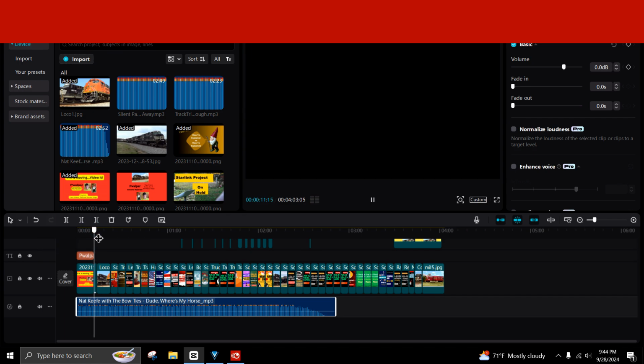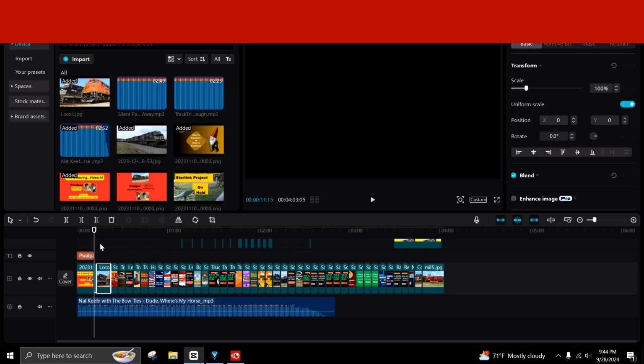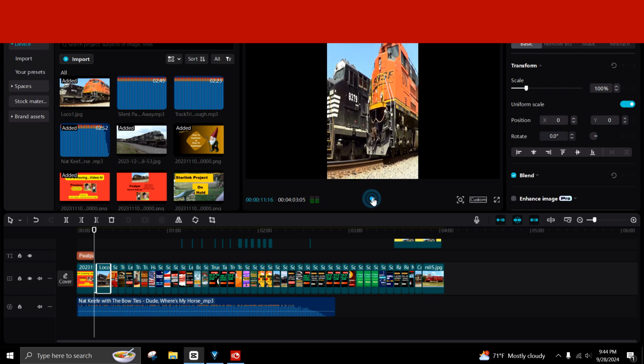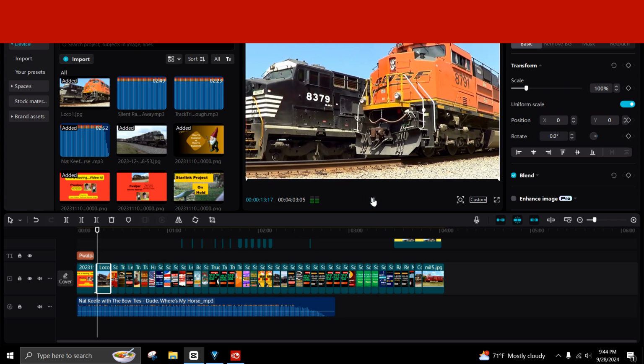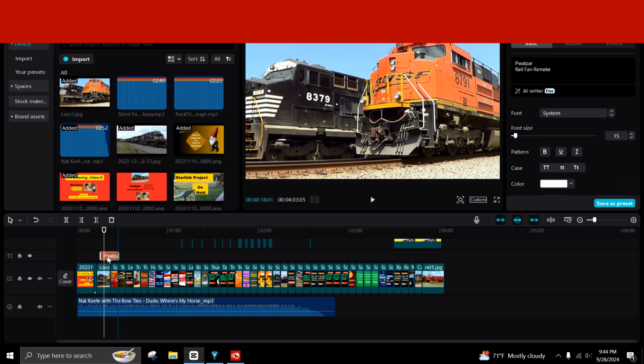So what have I done so far? I put a transition between these two pictures here. See how it opened up? Then my title will pop up. Well, if I move the title over there, it would pop up.